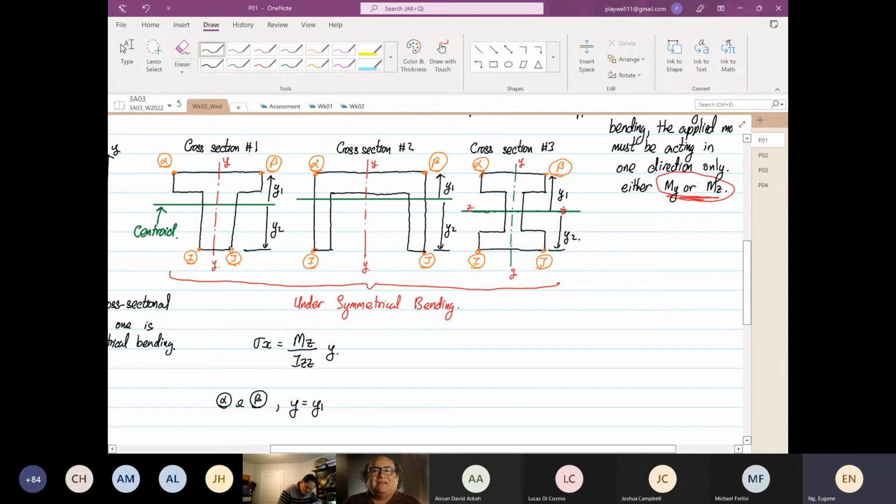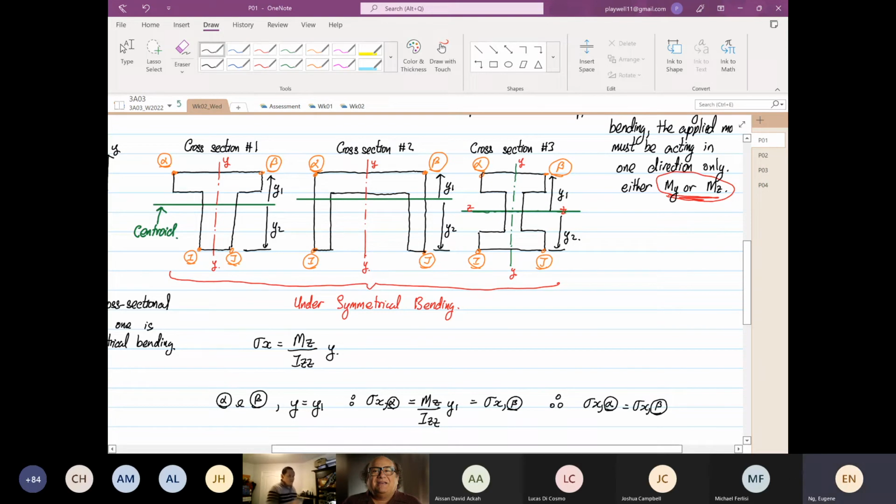In that sense, stress x at point alpha is equal to Mz over Izz multiplied by y1, and this is equal to stress x at beta. Therefore, stress x at alpha is equal to stress x at beta.